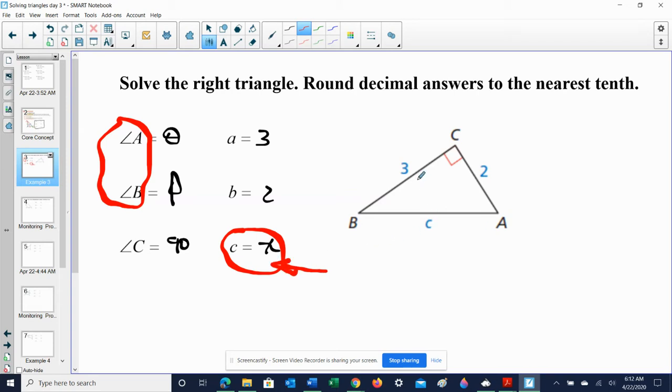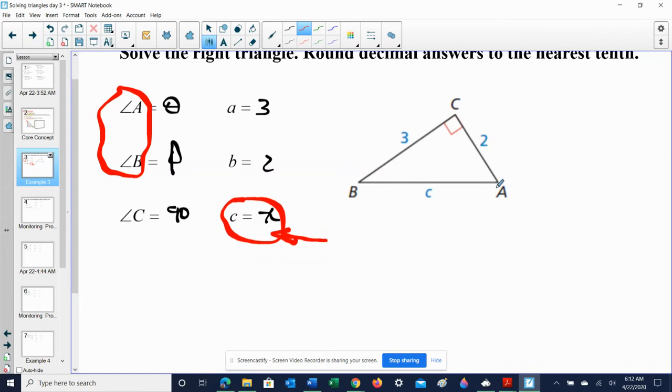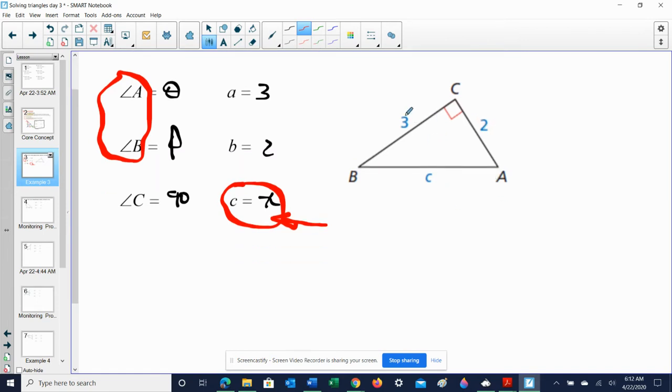How do we find the third side if we know two sides in a right triangle? We're going to use the Pythagorean theorem: a squared plus b squared equals c squared. Oh, wrong one, sorry. Let's go back to pen and thin. All right, so c squared equals a squared plus b squared, right?